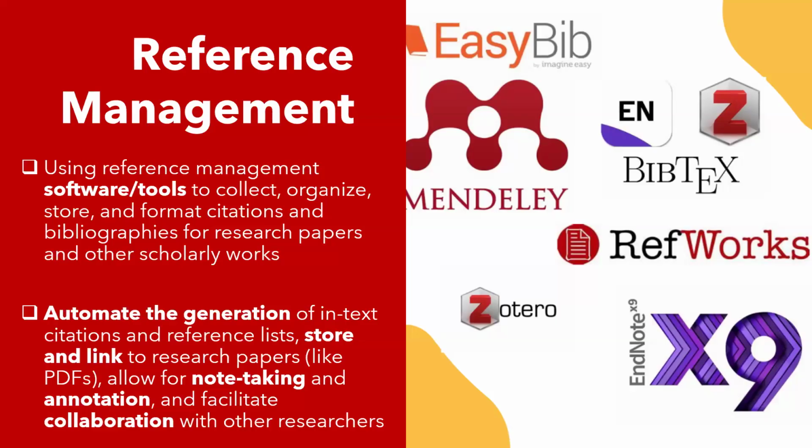Now, these tools are able to automate the generation of in-text citations. Something that you have to be doing one by one, this time around, once you just click on a button, it generates the in-text citation for you directly. And it ensures that everything that you have cited in text will appear at the reference.